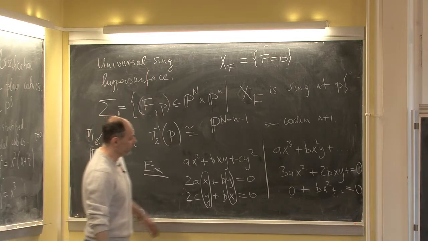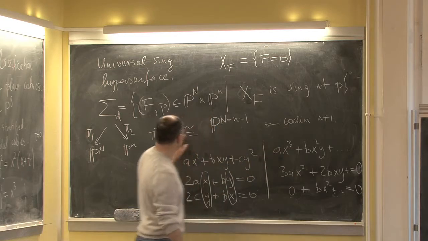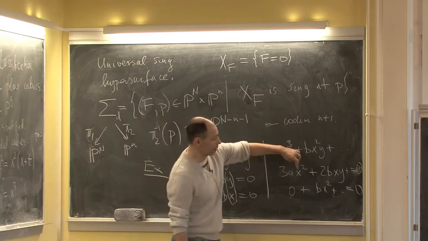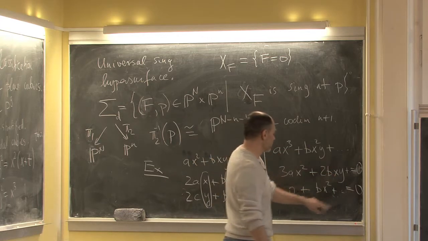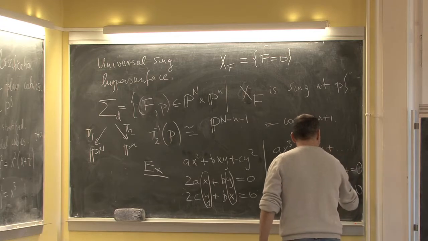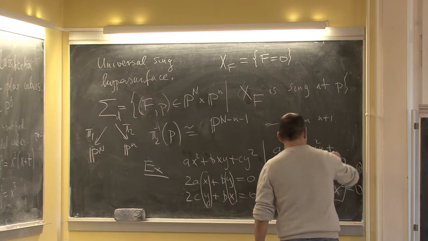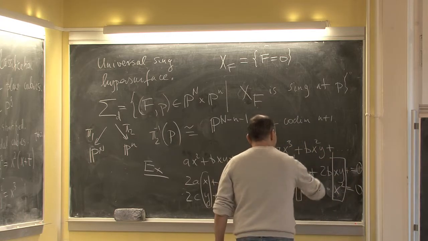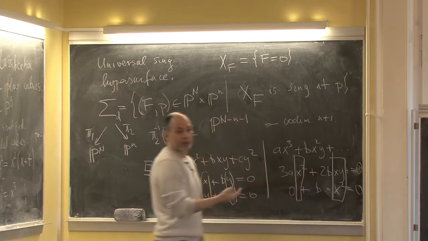So what you can see now is that, of course, once you do that, the degree in the coordinates of the point will increase. So now the coordinates of the point, this is quadratic, quadratic, quadratic, etc. But if you actually fix the point, fix the values x and y, then in the coefficients it remains linear.